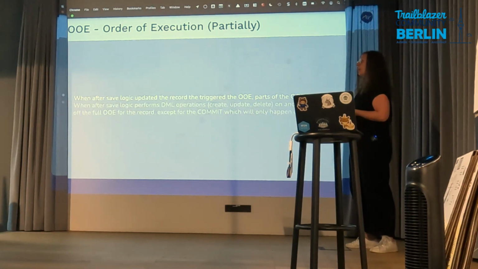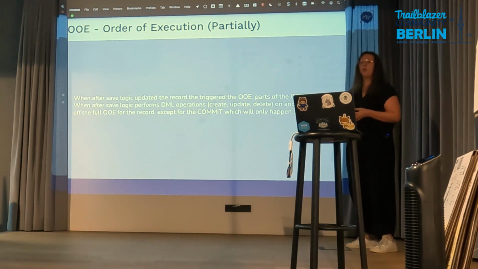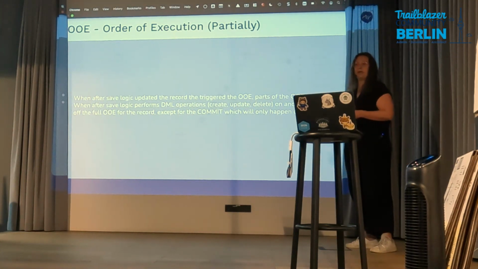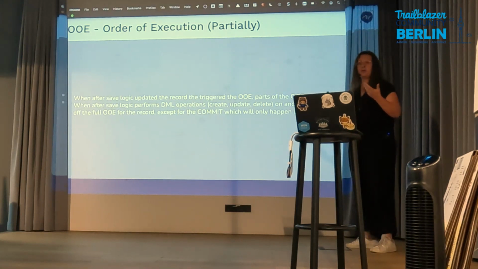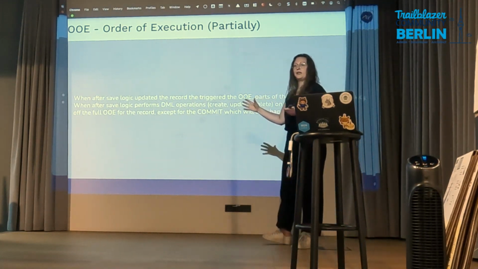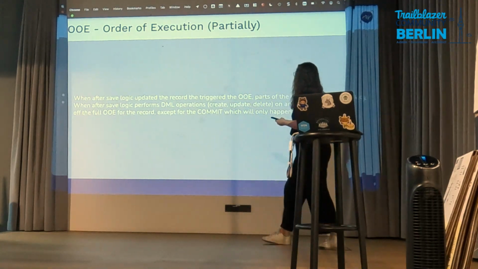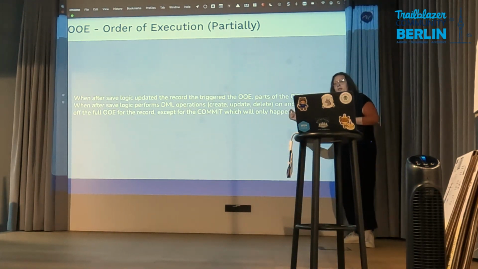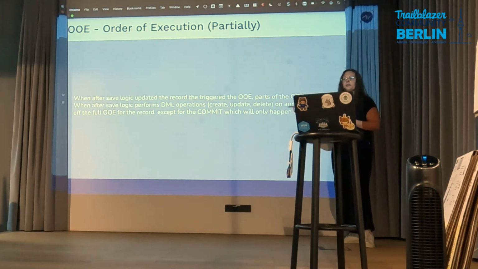And also, when after save logic performs DML operations, creating a child record, updating a parent record, so manipulating any other records in the Salesforce database, on that other record, an order of execution will kick off.